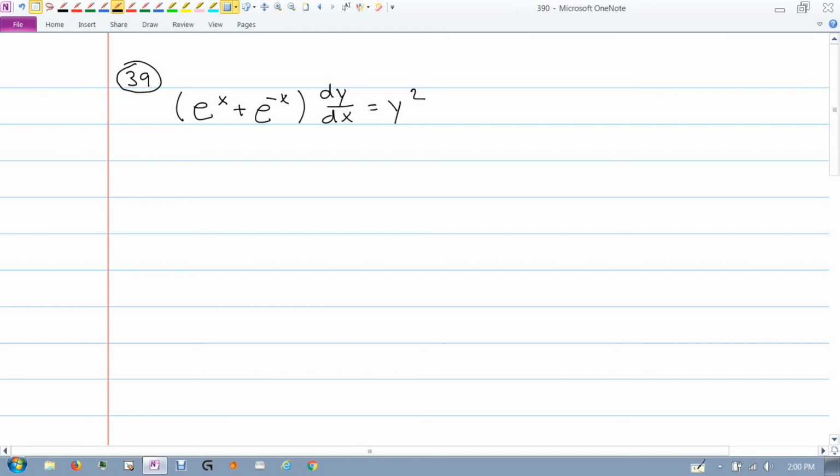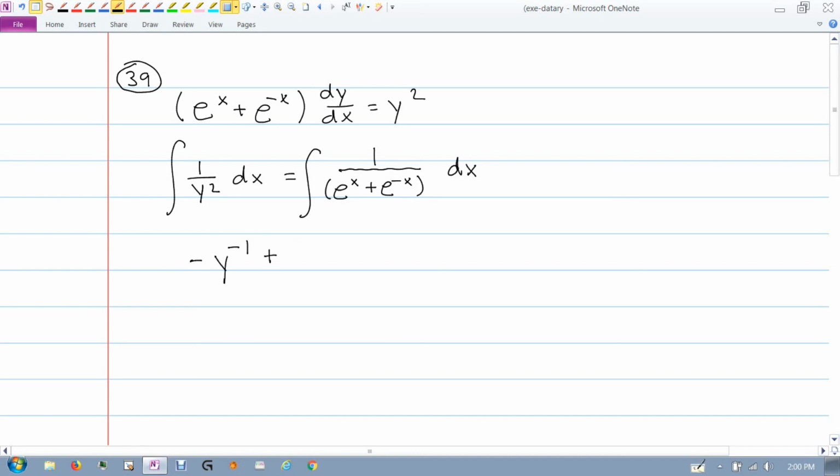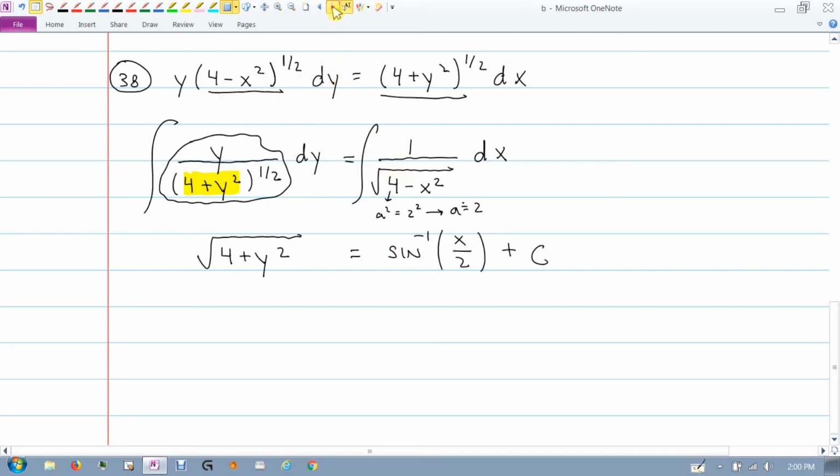All right, so if we divide both sides by y squared, multiply both sides by dx, and divide by the e to the x plus e to the negative x, then that's what we should get. And now we integrate. And the left-hand side, that's really y to the negative 2, so that'll become negative y to the negative 1 plus some constant equals, did I do a constant on the last one? I don't remember, did I? Oh yeah, I did, okay.